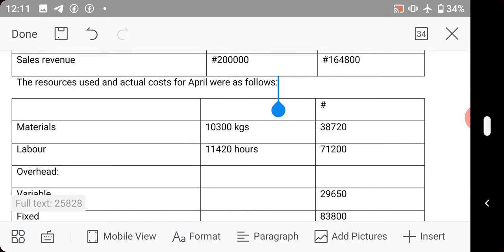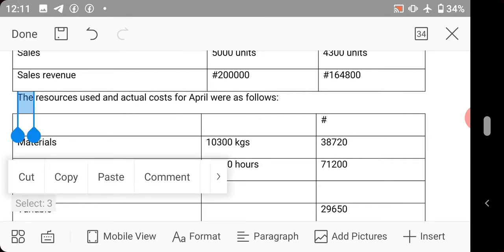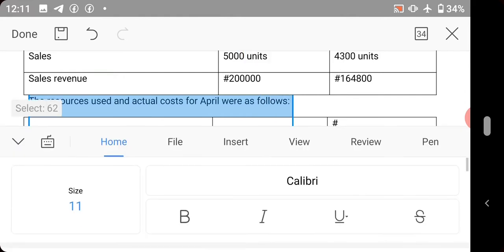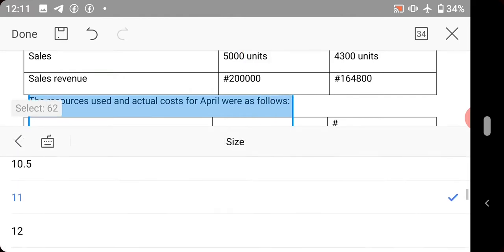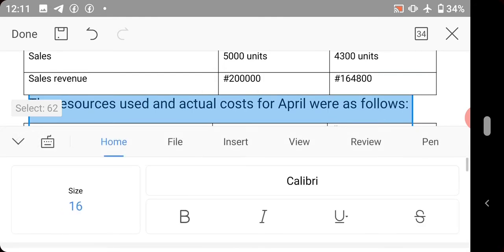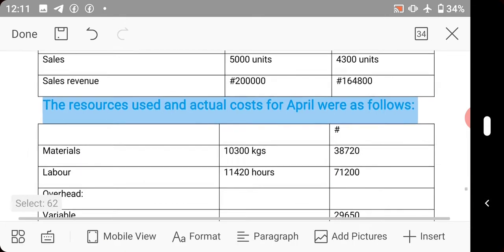The resources used and actual cost for April were as follows. So this is the actual cost. I'm going to highlight this for you to be able to know which one is actual cost and which one is not actual cost. This will help you in the interpretation of the question.